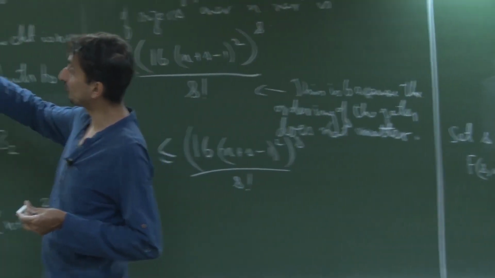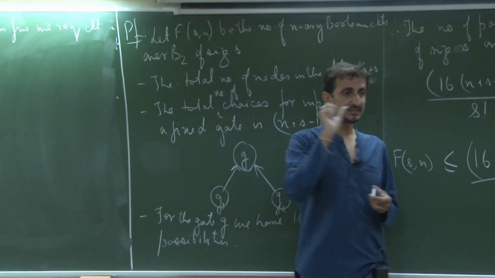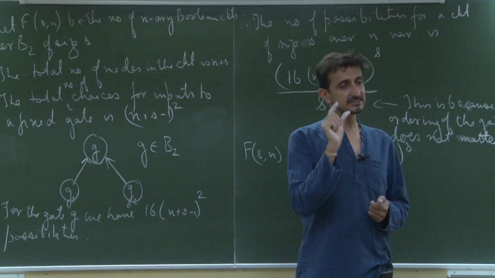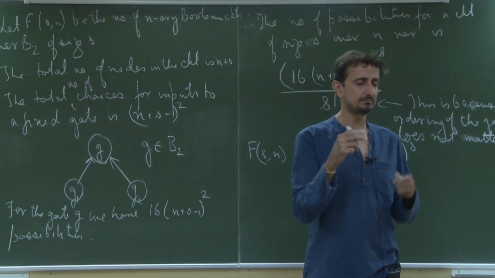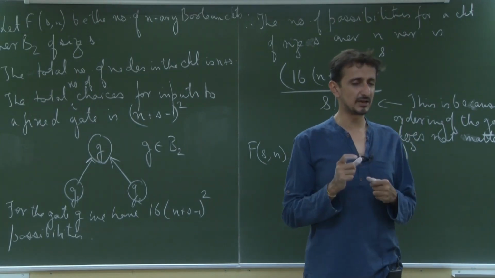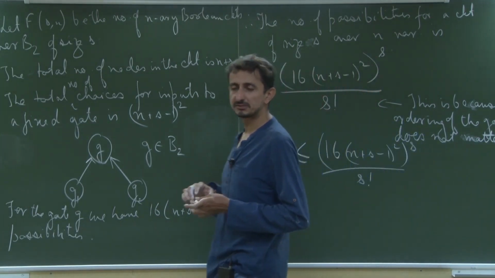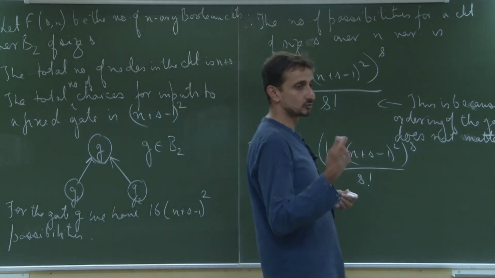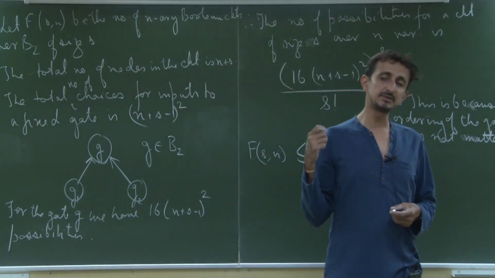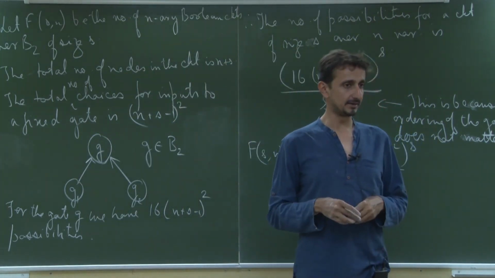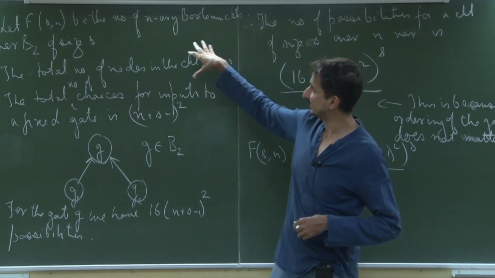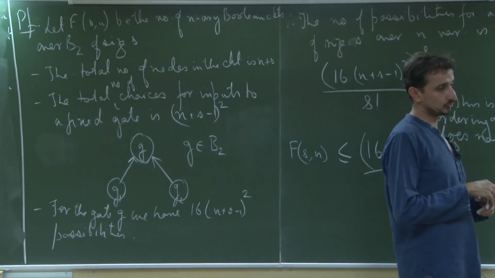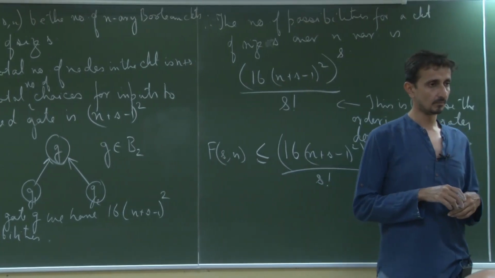The circuit is over B2, which means that each gate is an element of B2, which means that each gate has a fan in, or each gate takes 2 inputs. I do not think I formally used the word fan in last class. So, fan in of a gate means the number of inputs to that gate. Fan out of a gate means the number of outputs from that gate. So, the moment we say that the circuit is over B2, it means that the fan in of every gate is at most 2.